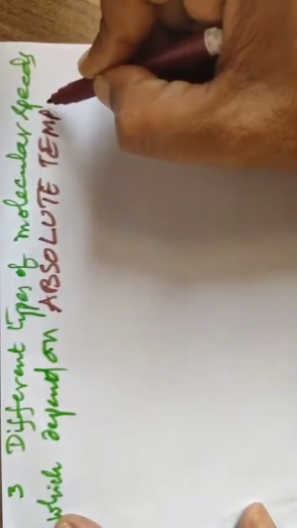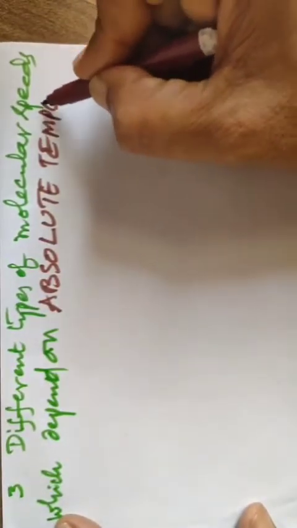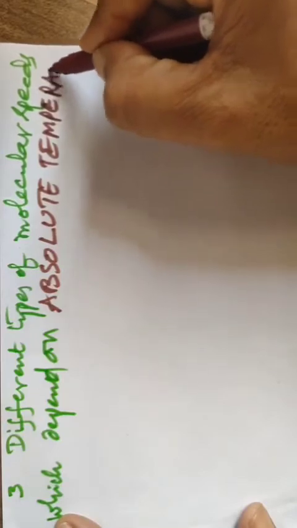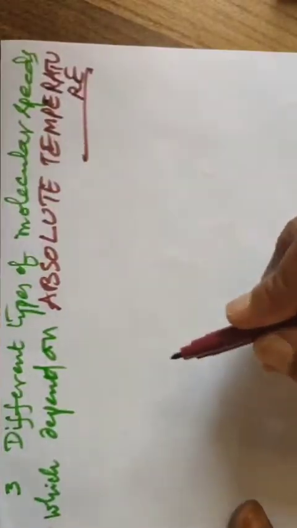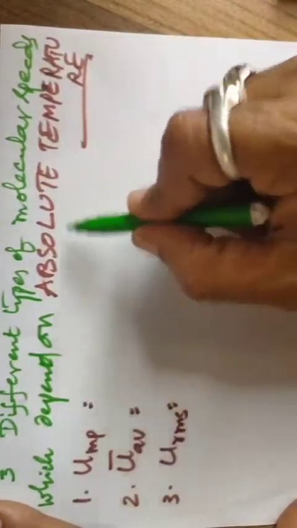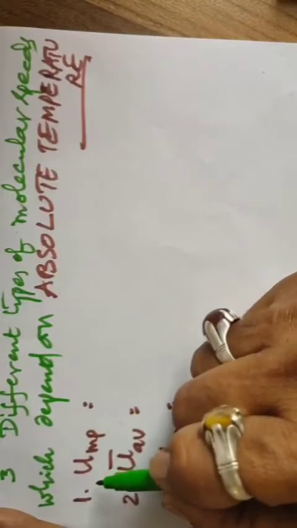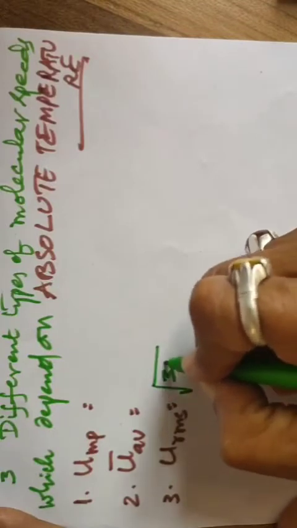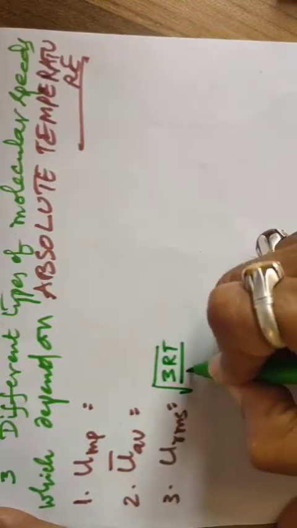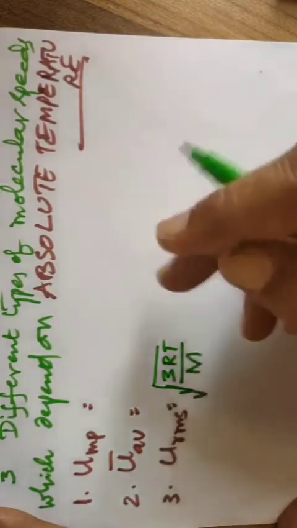Now the formulas, to be used only from a competitive point of view, are to be collected like this. RMS velocity is equal to under root of 3RT by M, where M is molar mass. Already we discussed molar mass.